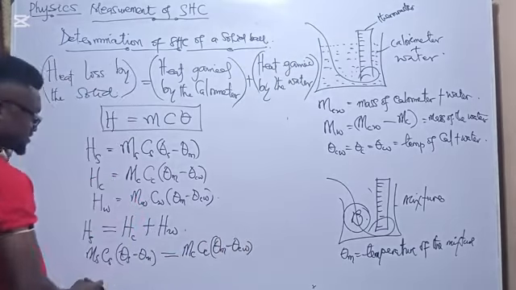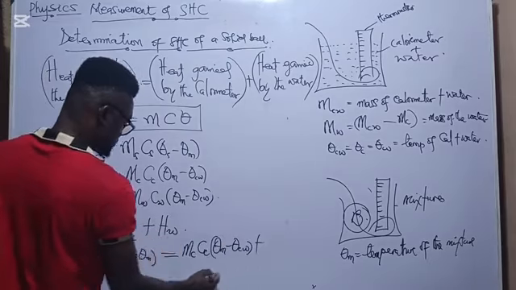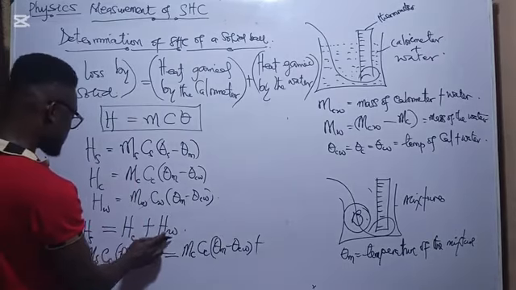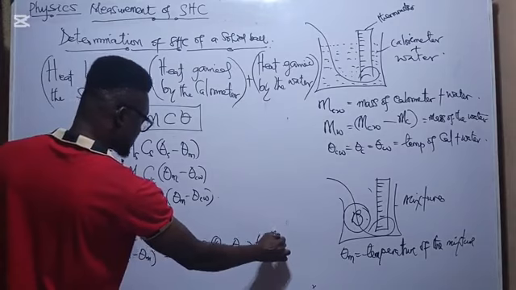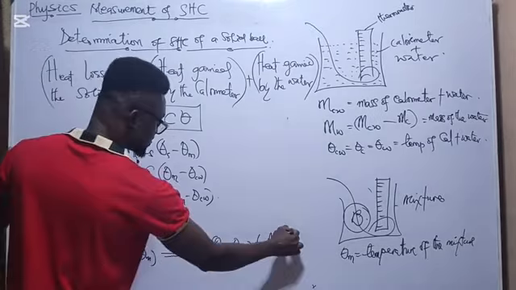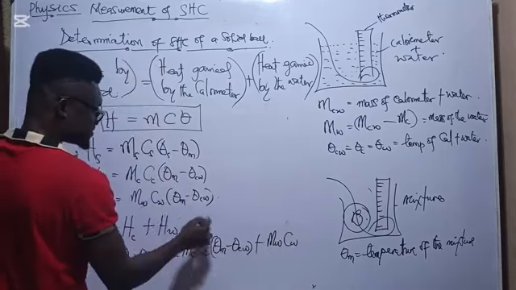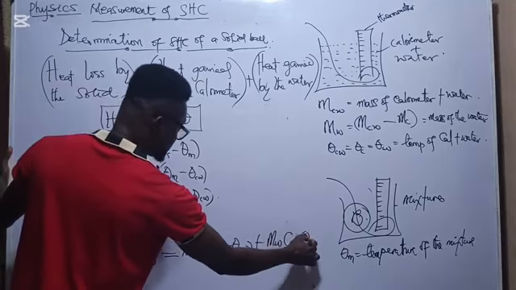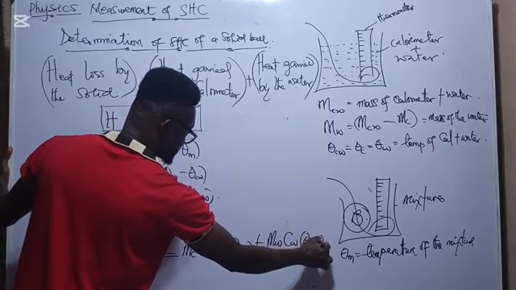Okay? Then plus the heat for the water, which becomes the mass of the water, the specific heat capacity of the water, then the temperature difference of the water.